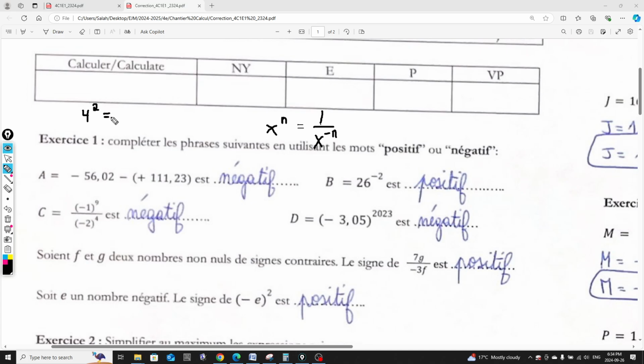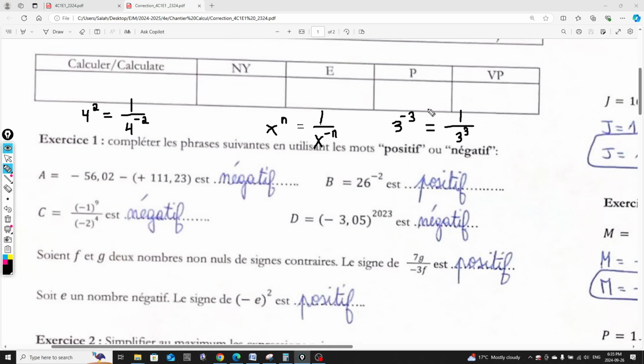I can express that as 1 over 4 to the power of negative 2, following this rule. That also means that if I have 3 to the power of negative 3, I can express it as 1 over 3 to the power of positive 3.